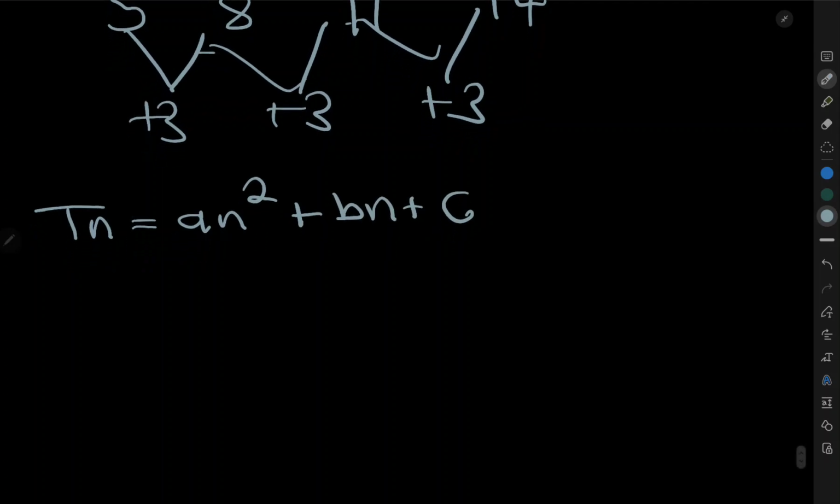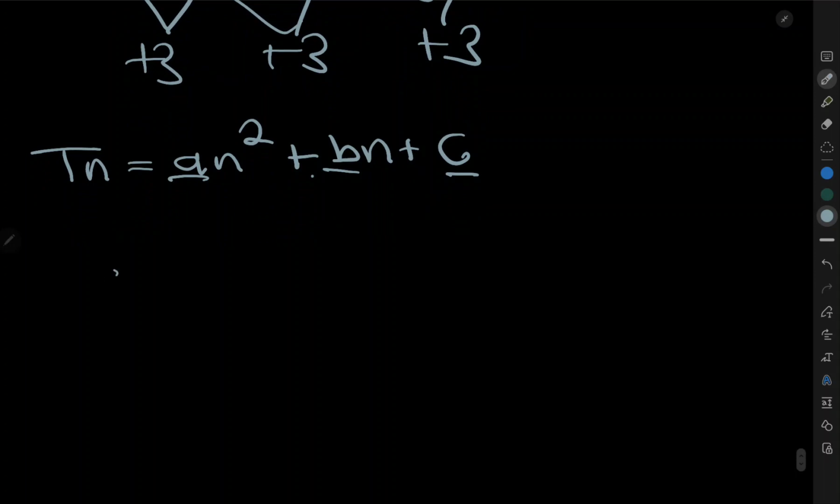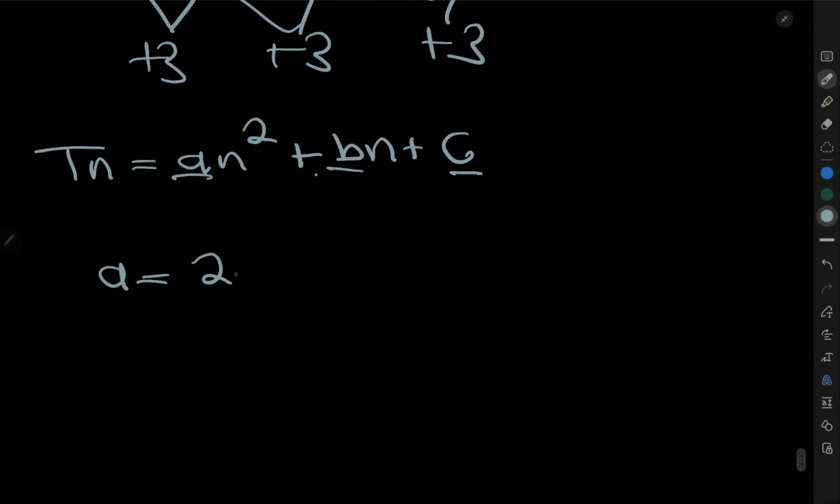And in order for us to be able to use the formula, we need to find the value of a, b, and c. So to determine the value of a, we need to know what a stands for, and a stands for the second difference, which is the one that's always constant.